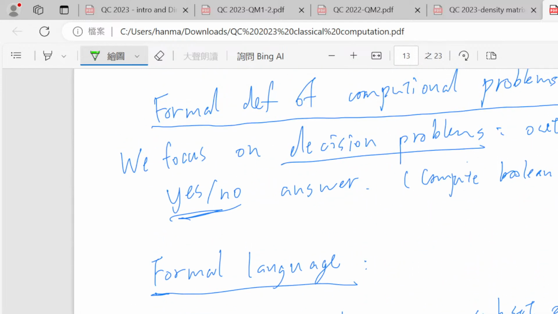The difference is that when you write a function, it usually has a fixed input size, a fixed input domain, like {0,1}^n to {0,1}. But with a formal language you can have arbitrary input size. It's really similar to a Boolean function.